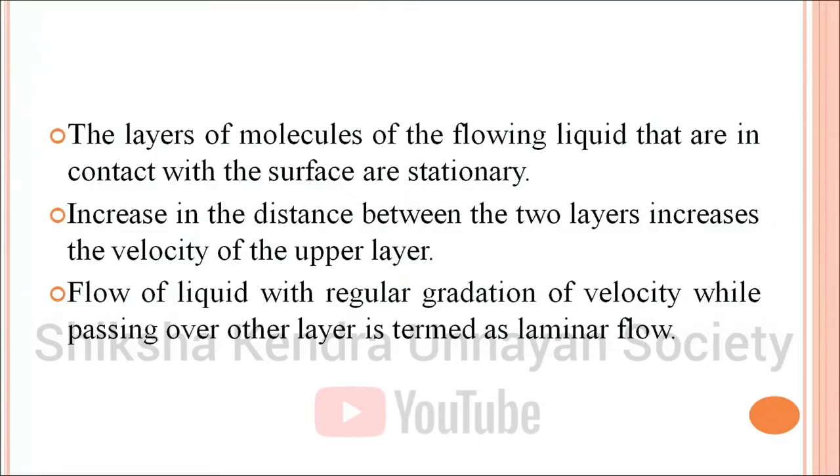The layers of molecules of flowing liquid that are in contact with the surface are stationary. Increase in the distance between the two layers increases the velocity of the upper layer. Flow of liquid with regular gradation of velocity while passing over other layers is termed laminar flow.